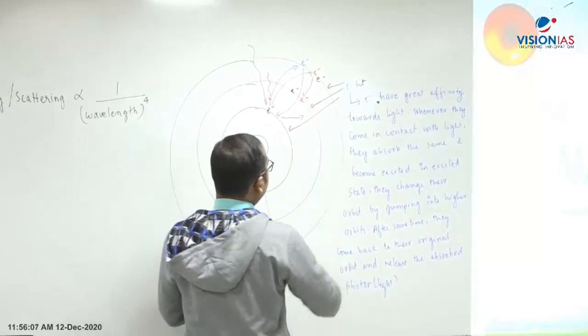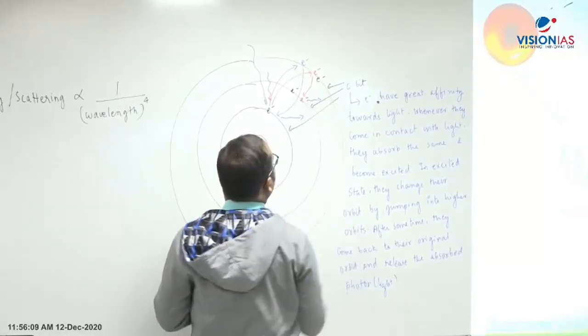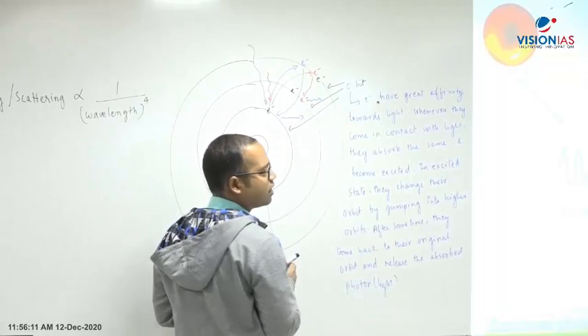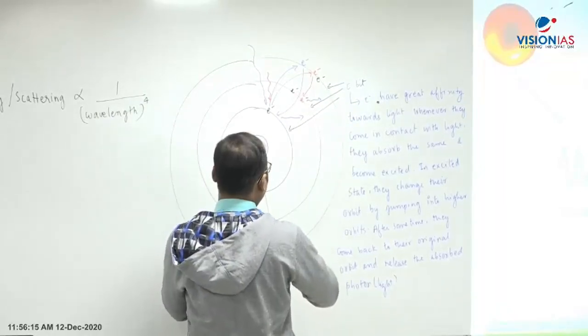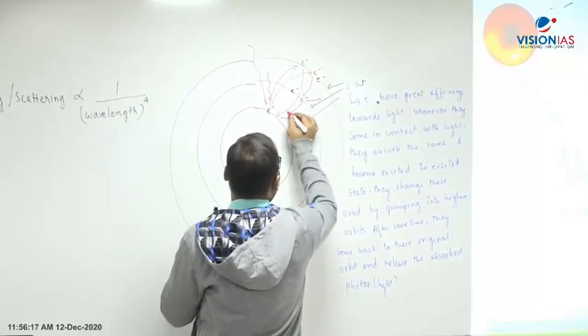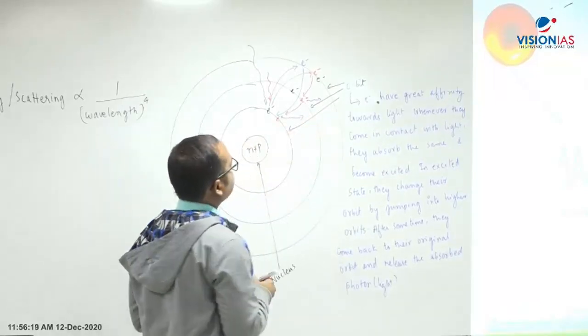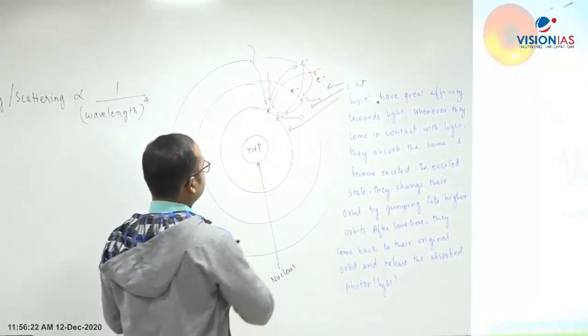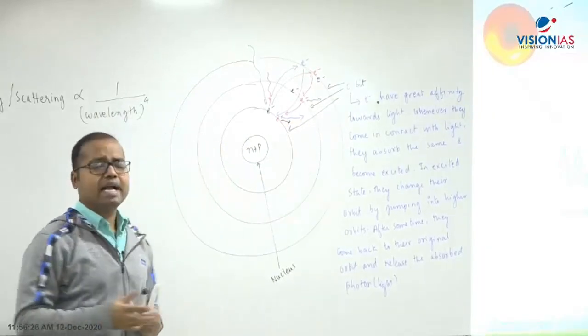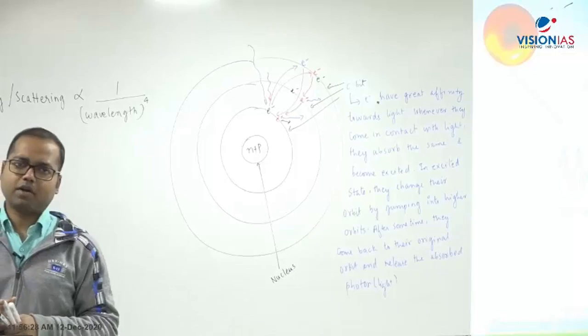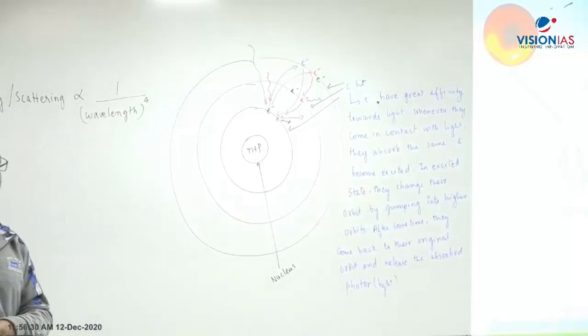So here another light ray will be released. Not the entire energy will be released because it has to come back to its original orbit. And in the second go, it will come back to its original orbit. Okay. So here also it will release some of the light. Understanding this, the electron can directly jump to its original orbit, or it can enter into the first orbit then the second orbit.